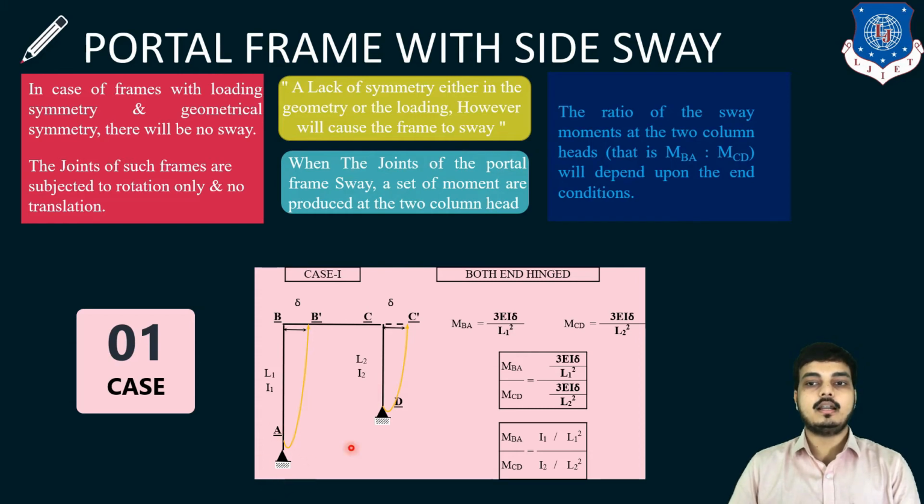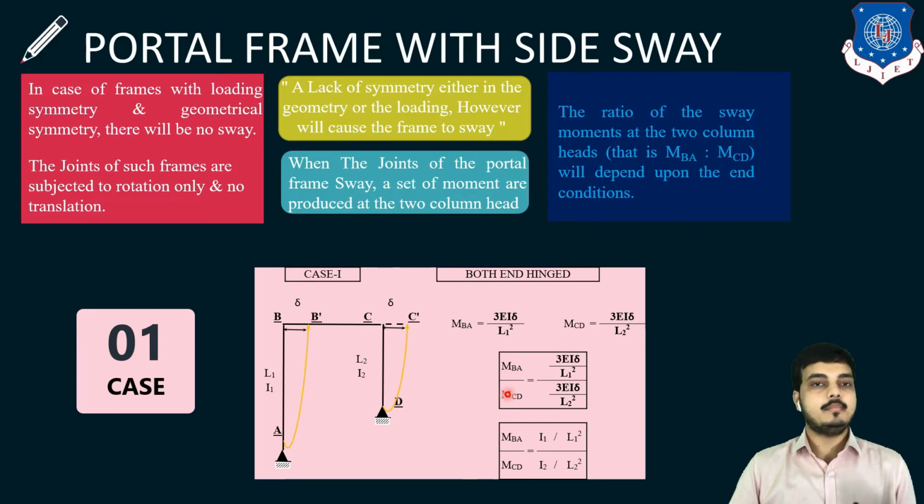Here both far ends are simple. If the far end is simple, the moment, which we learned in session 1, is 3EI delta upon L square. So for a hinged far end, the formula is 3EI delta upon L square, and for MBA and MCD the formula remains the same.